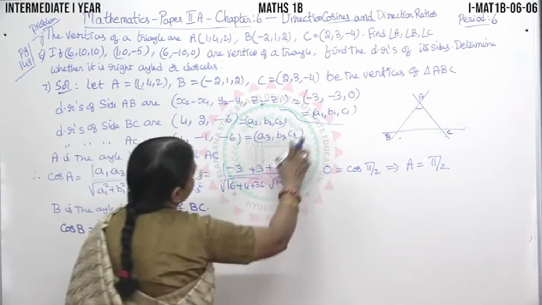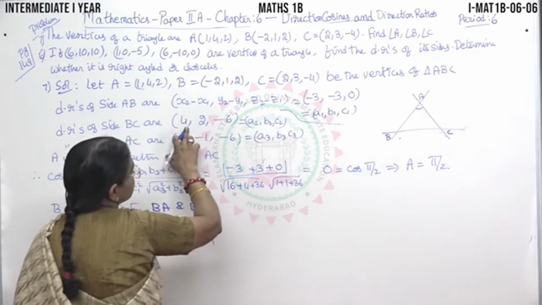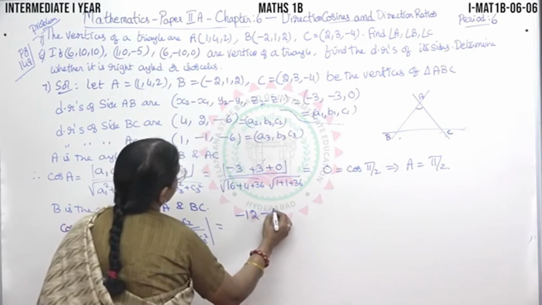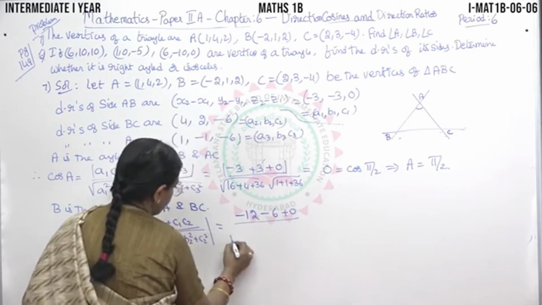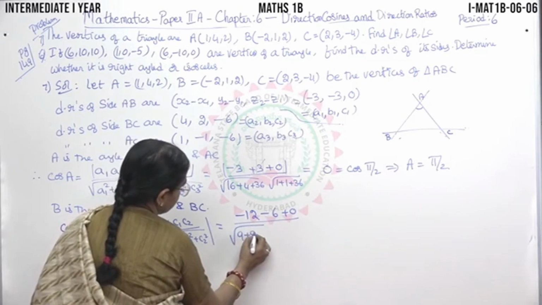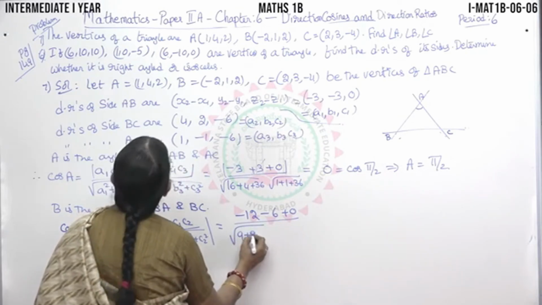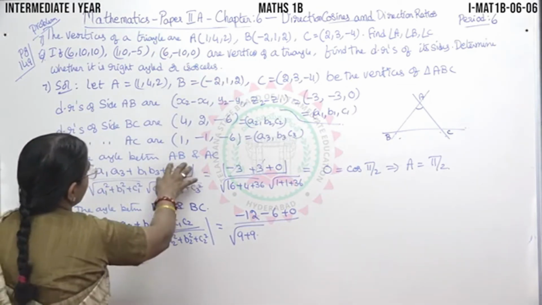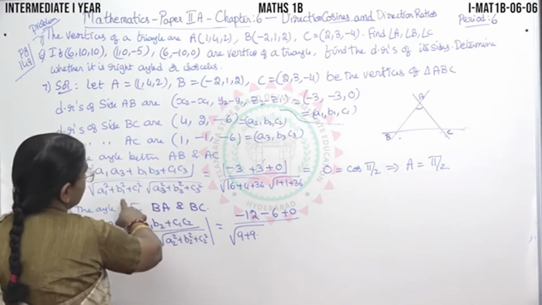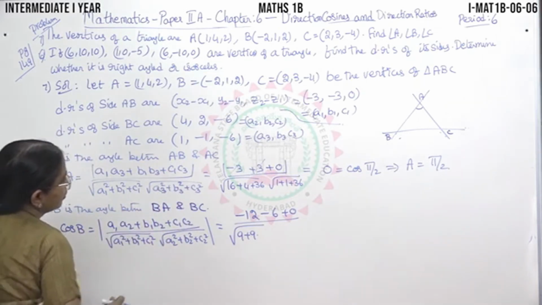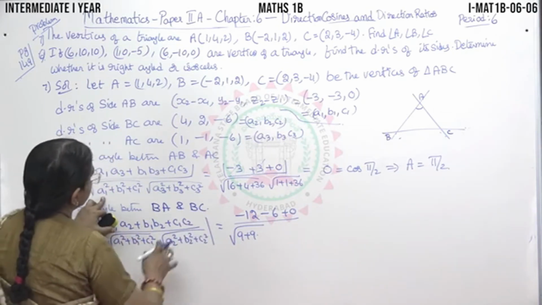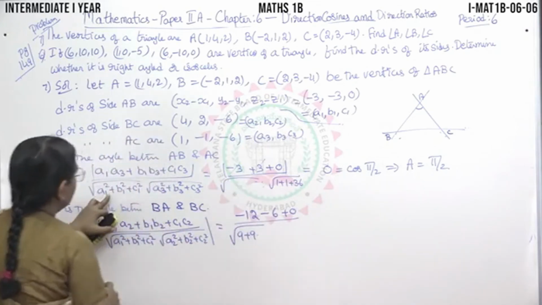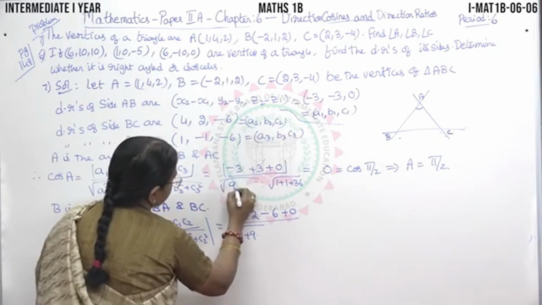So now multiply A1 A2, means minus 3 into 4, minus 12, and minus 6 plus 0, by root of 9 plus 9 plus 0. Here actually it should be 9 plus 9 plus 0.